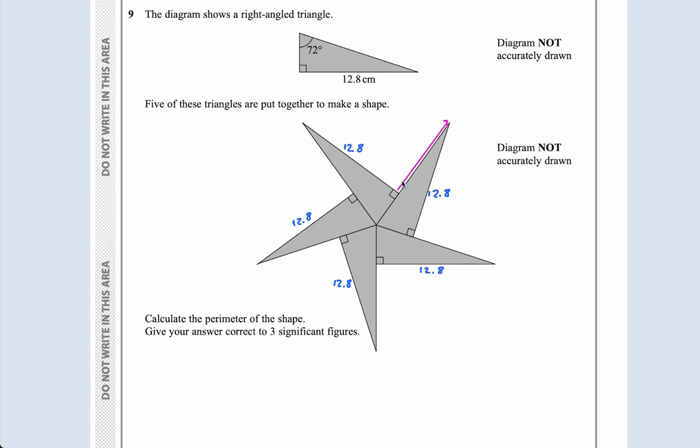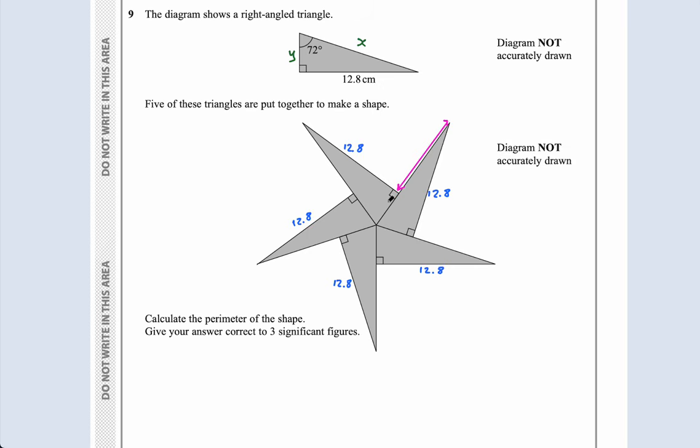Now, how do I find that length? Well, it's actually this hypotenuse. Let's again use a different color. This is x, and let's say this is y. This pink length would actually be x minus y, because it's the full hypotenuse minus this.